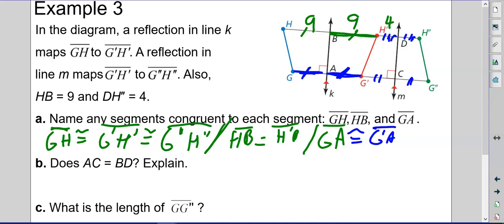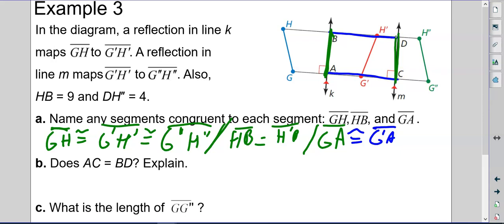Does AC equal BD? Okay, I'm going to clean this up. You already have it down in your notes, but I'm going to clean this up. AC, which is right here, is that equal to BD? Well, right here we have these 2 lines.